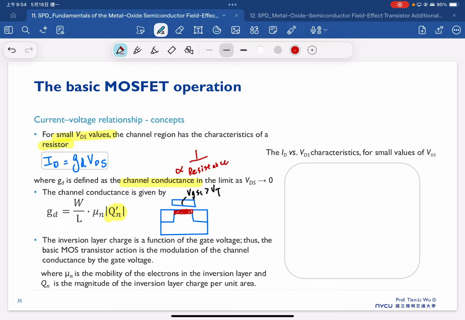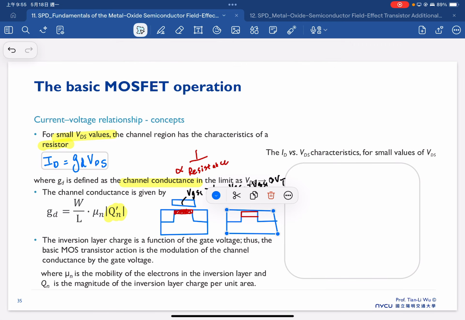But now, if we have another higher bias, VGS2, with VGS2 larger than VGS1 larger than VT, we can expect to have more induced inversion charge here.